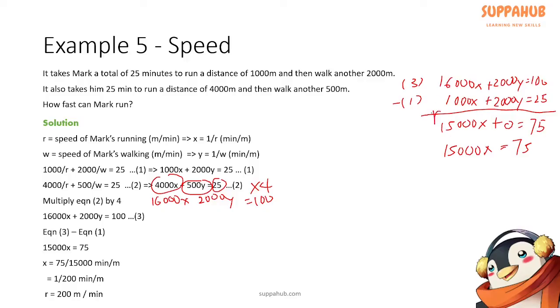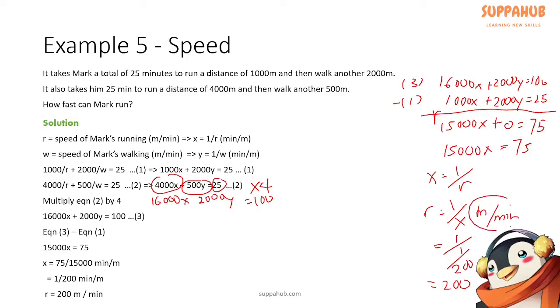You have x equals 1 over r, so r equals 1 over x. So it goes 1 over 1 over 200, so it's just 200. The unit is meters per minute, because speed is meters per minute. So basically, Mark can run 200 meters in 1 minute.